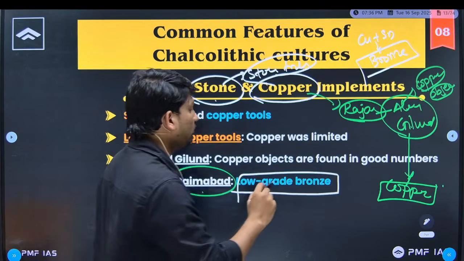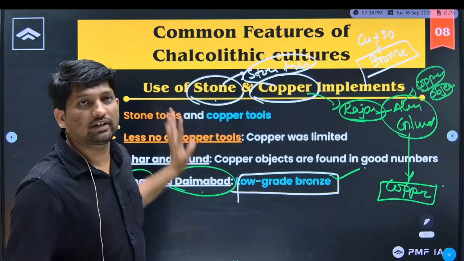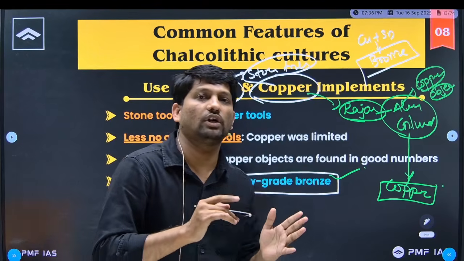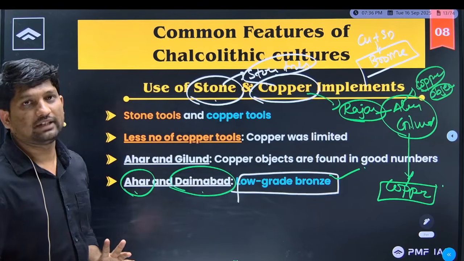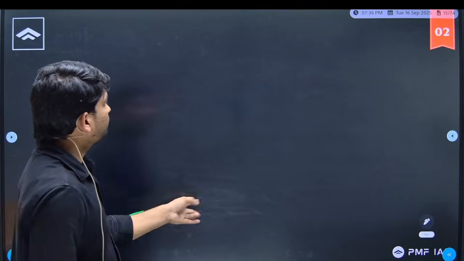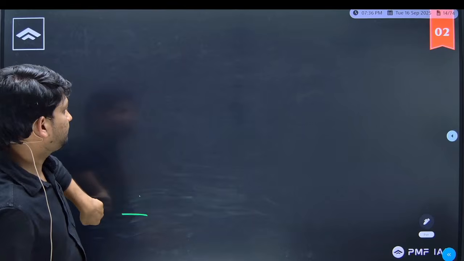We have found some low grade bronze sheets and some bronze objects. In general they did not use bronze, but as an exception we have found some in Ahar and Daimabad. So this is first. This culture was basically based on stone tools and copper objects.